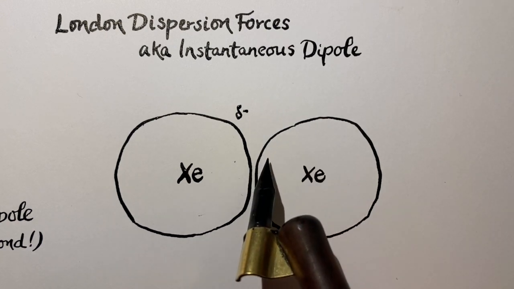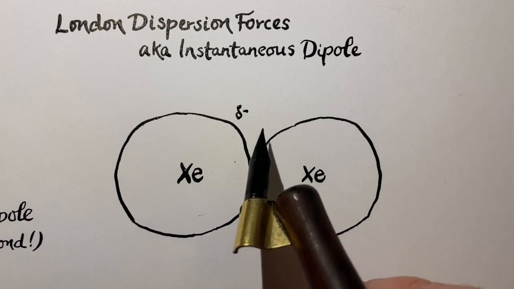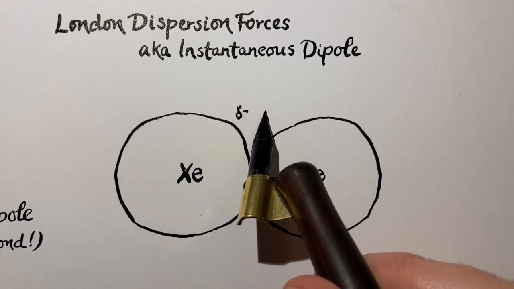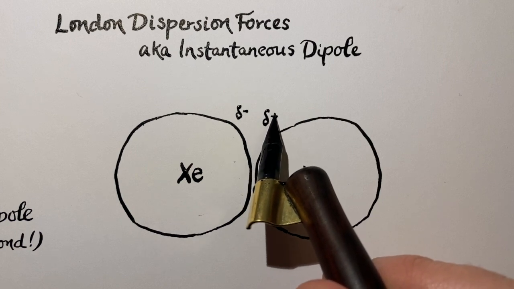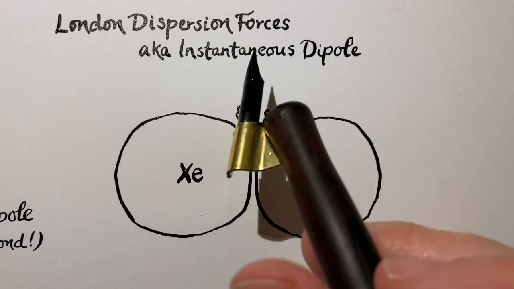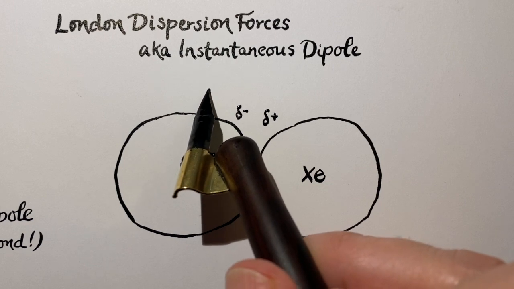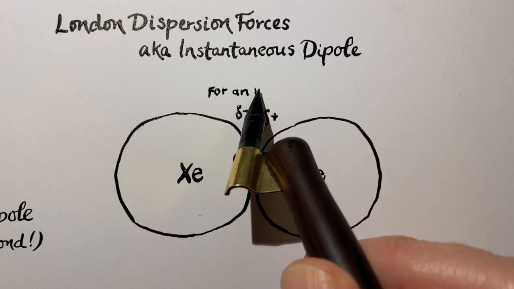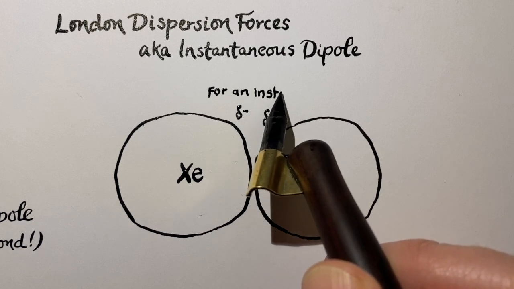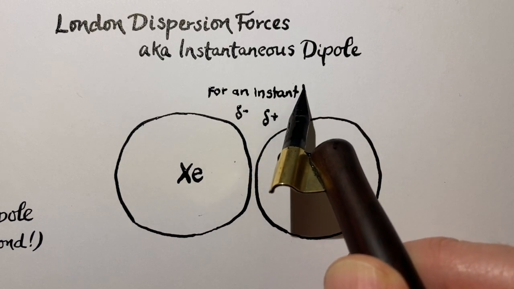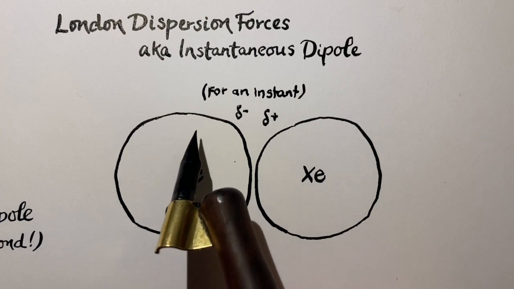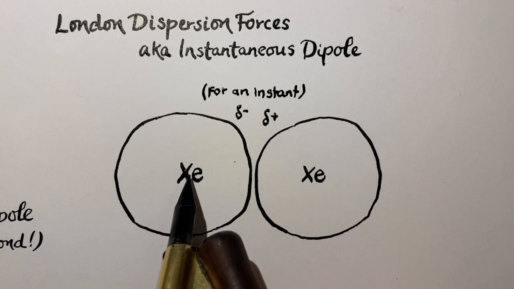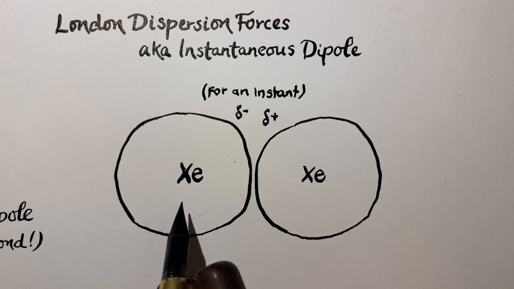And what does that do to this side of the atom? That makes it, just for an instant, partial positive. Okay? Again, this is just for an instant, because overall, xenon is neutral. 54 protons, 54 electrons.